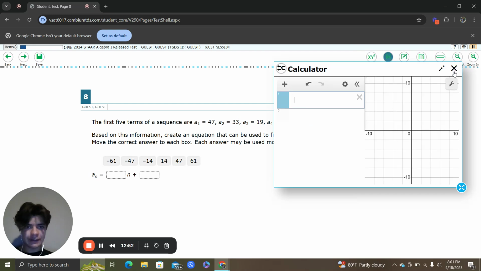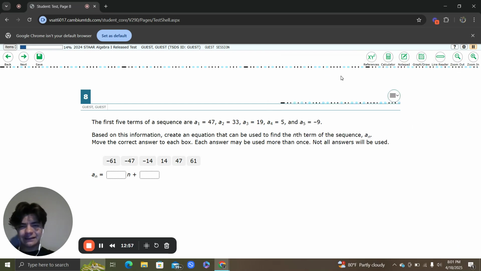There's also another way to do this where you just subtract. Like 47: what number can you subtract from 47 to get 33? And then you could easily get your rate of change. So let's do that real fast. 47 minus blank equals 33 because it's going down, right? It's not dividing, it's a linear equation.